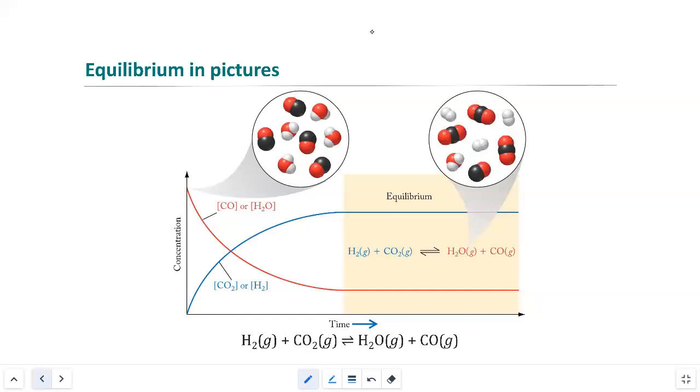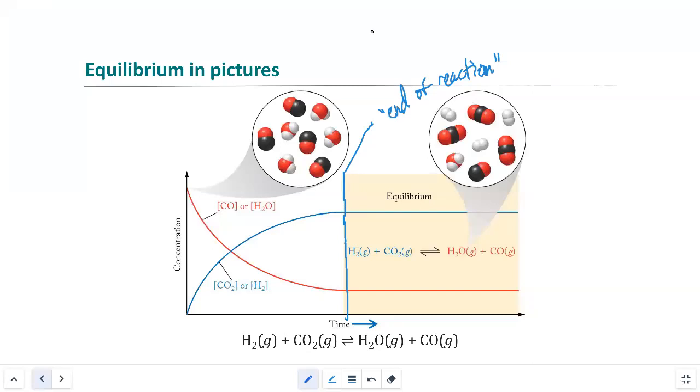Now, before this time, we would have marked this time right here and said, okay, this is the end of the reaction. After all, at this point in time, the concentrations cease changing. And so we have marked that and said, okay, well, that's where the reaction's over.